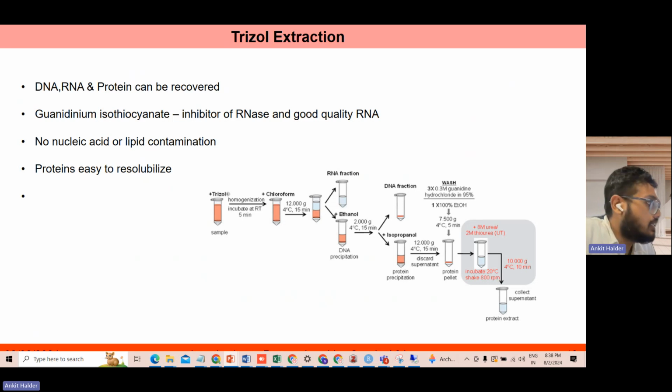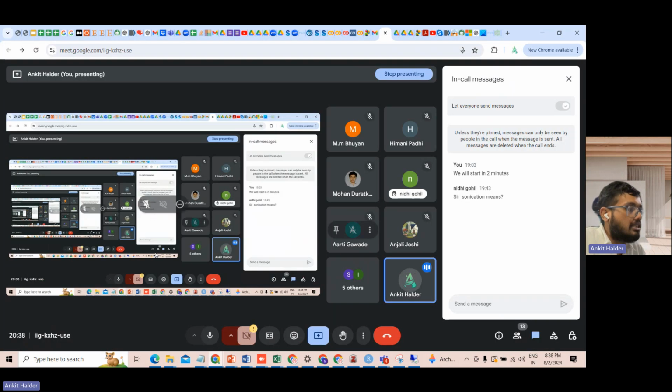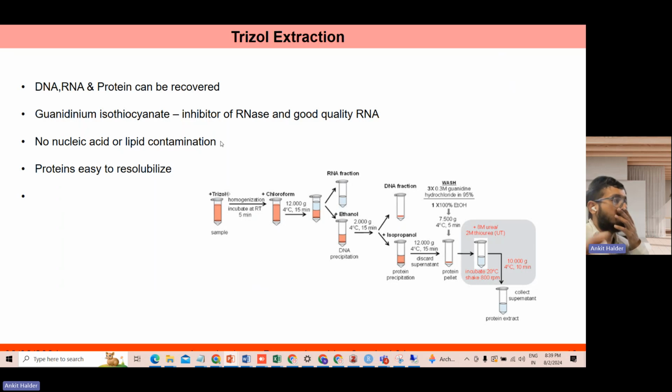This is a very efficient and effective method for extracting all three major biomolecules, that is DNA, RNA, and protein, in one go using one method, in one tube, from one sample. We can recover all three major biomolecules to be used for any kind of biological analysis, right? We can do that.